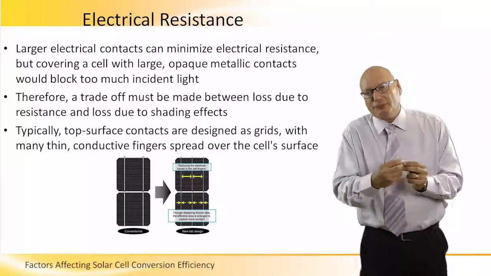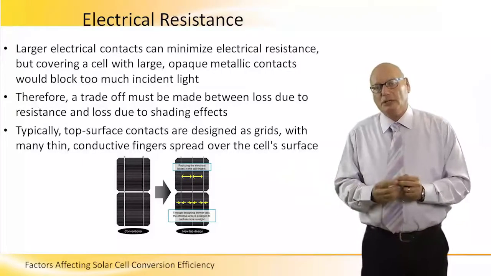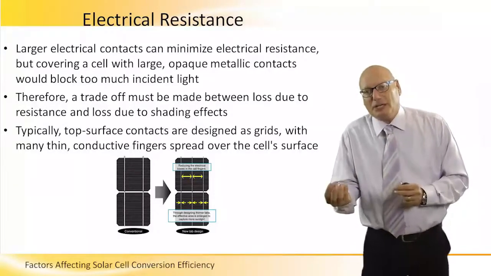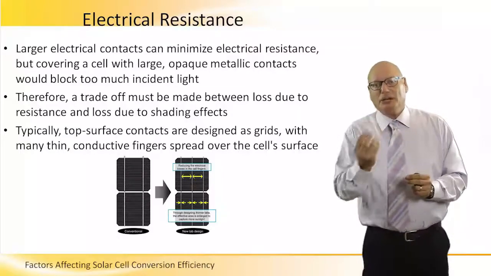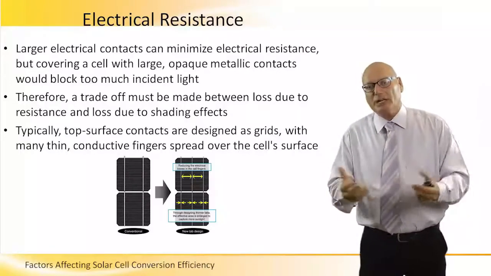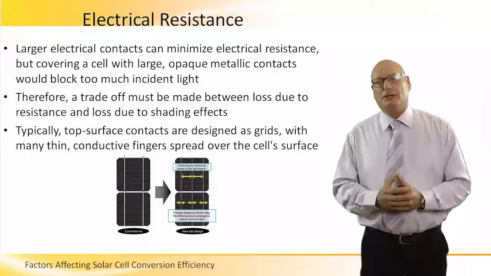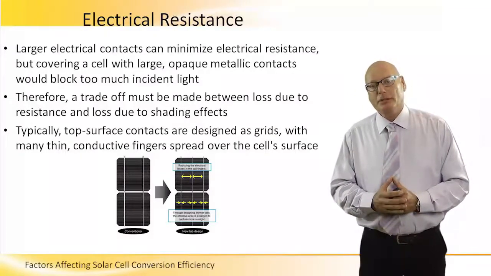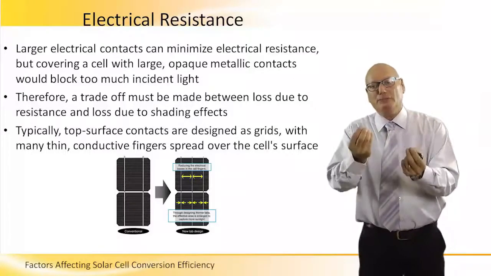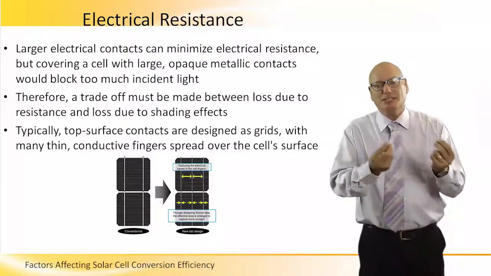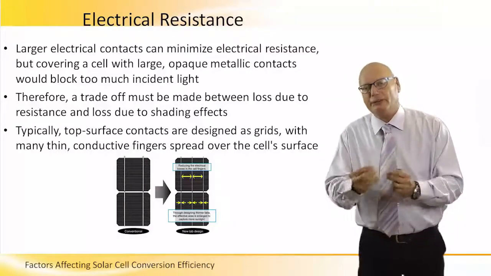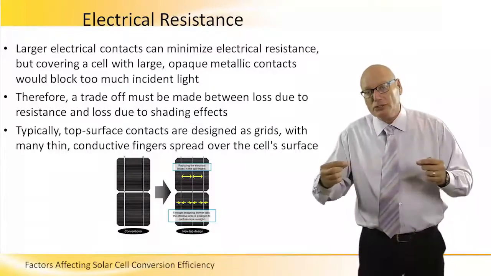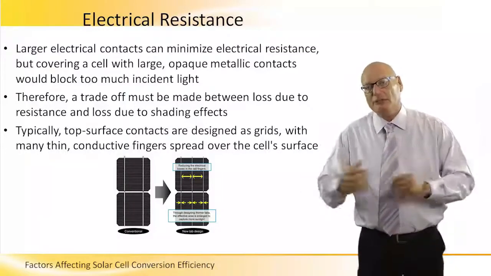I'm making the life of the electron to flow easier, but the electrons that will be collected by the conductors from the silicon, the number of electrons will be lower because there is less area. Therefore, a trade-off must be made between loss due to resistance and loss due to shading effects. Conductor basically creates a shading effect.